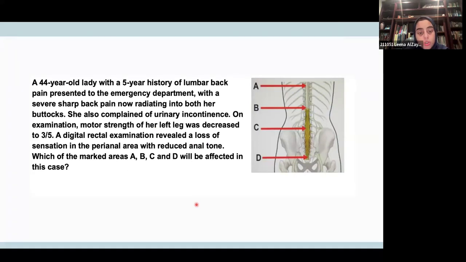So the motor strength is decreased in her lower limb. On rectal examination, there is loss of sensation in the perianal region and reduced tone. Which of the marked areas are affected? Yeah, you're right. So it is cauda equina syndrome.